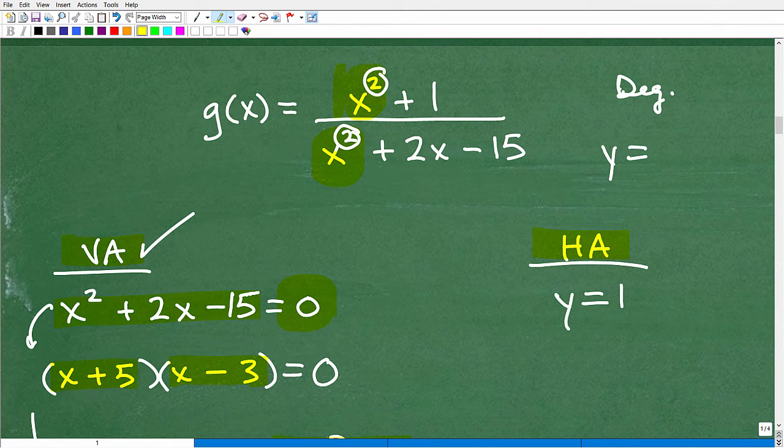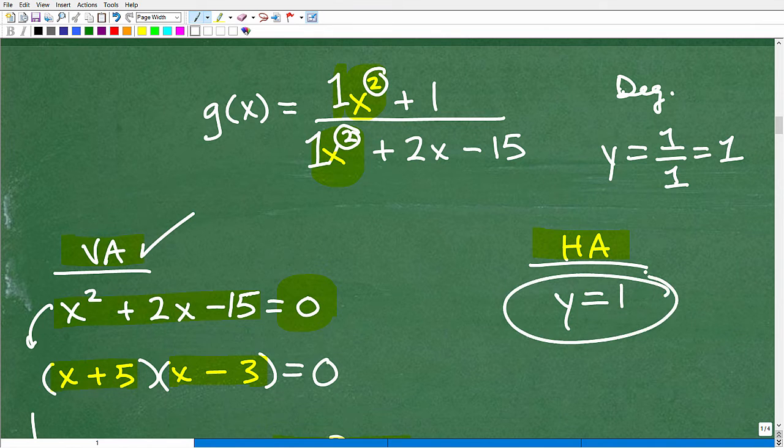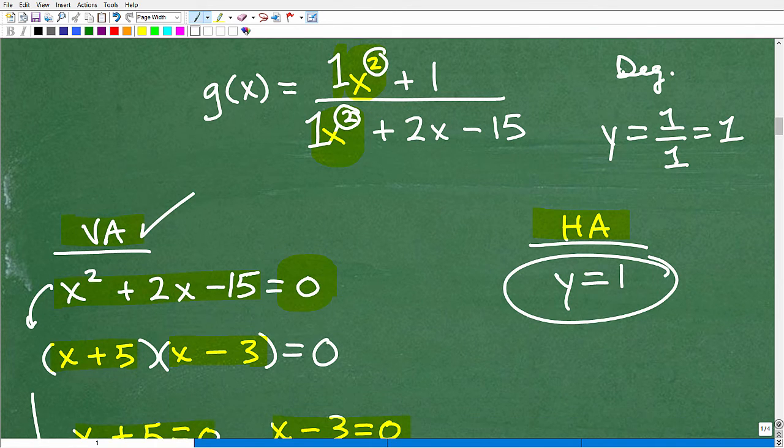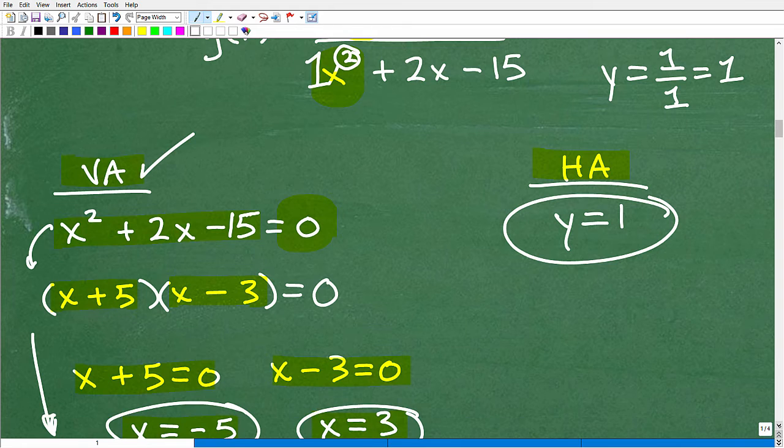This is a 1x squared, so this is really just a 1, and this is a 1x squared down here, so this is really 1 over 1. We create a fraction with this coefficient over this coefficient. 1 divided by 1, last time I checked, was 1. Okay, so y equals 1 is going to be our horizontal asymptote.